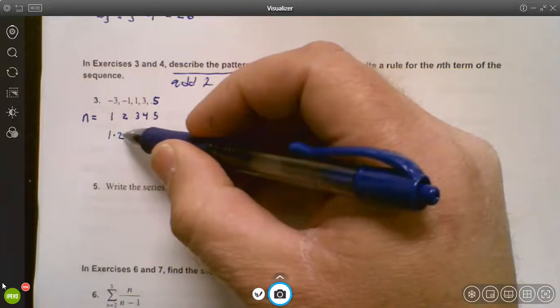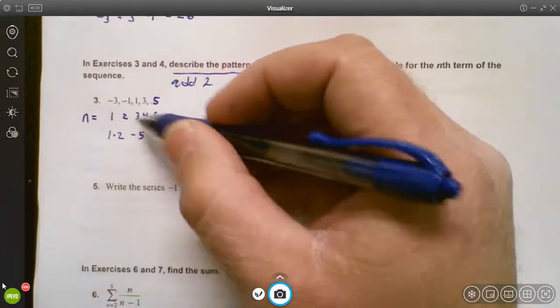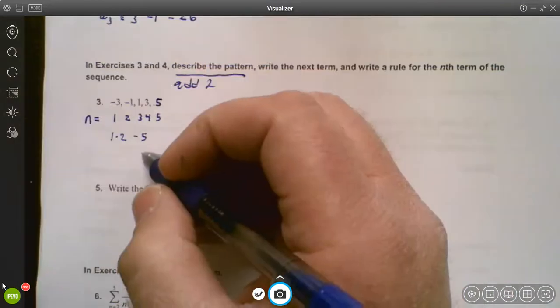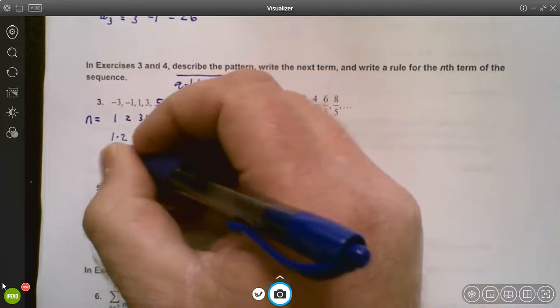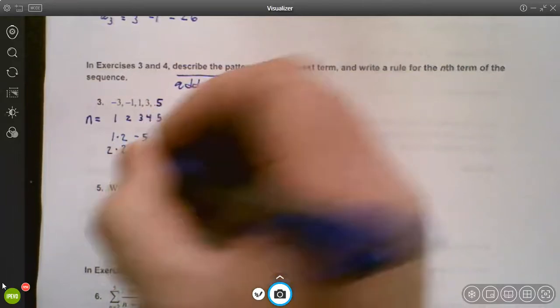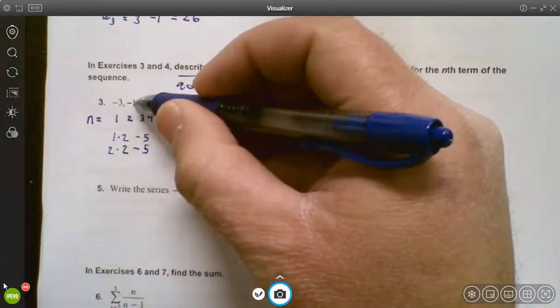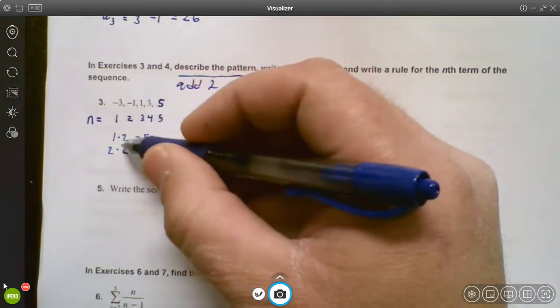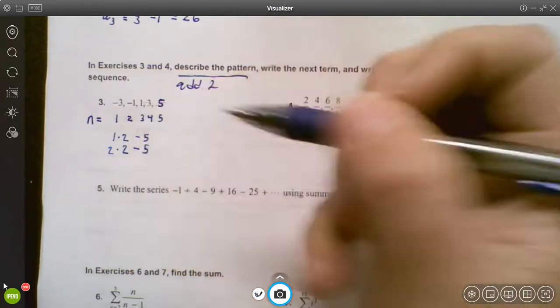So 1 times 2 is 2, minus 5 would give me negative 3. Let's see if it works for the next one. So if I took my next term number, which is 2, and applied the same rule where I multiply it by 2 and subtract 5, does it give me the second term? So 2 times 2 is 4, minus 5 is negative 1. So it works for him as well.